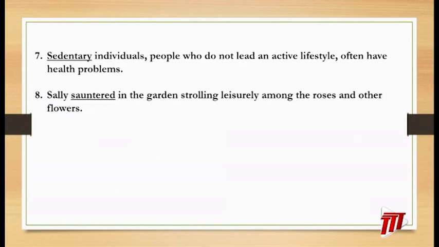So, sauntered is a verb and strolling leisurely is the verb that actually means the same as sauntered. There's no actual hint word or signal word there to help us, but reading the sentence, you can see clearly that she sauntered in the garden and strolled leisurely. They mean the one and the same. So, sauntered and strolling leisurely mean the same.